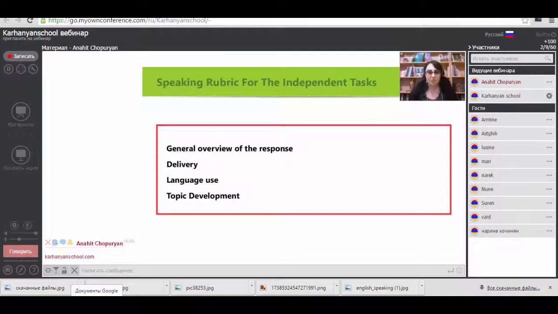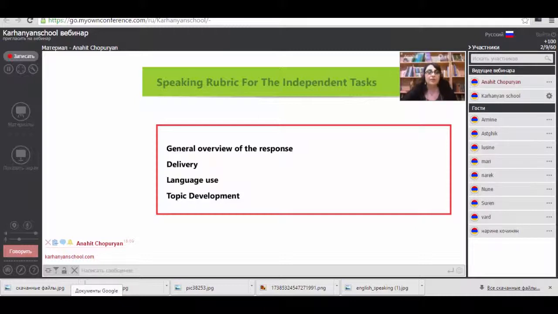Of course, there can be minor errors, minor lapses, for example within the intonation or the pronunciation, but they must not hinder the overall intelligibility of your response. So you must deliver it accurately and clearly.